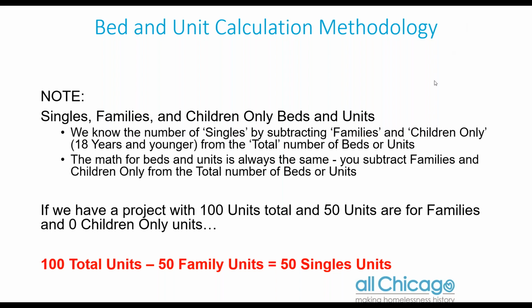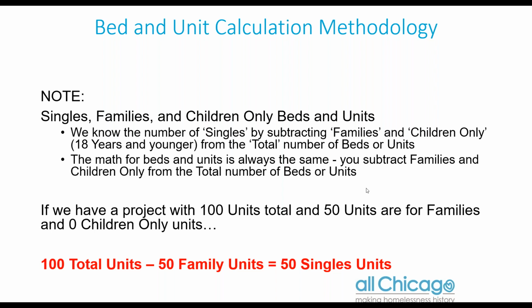I need to clarify one other thing: for the purposes of what we will be doing, the math for beds and units is always the same. You always will subtract the families and children only beds or units from the total number of beds or units in the following questions. So what do I mean by that? I mean that if I had a hypothetical project where we have 100 units and 50 of those units are for families and 0 of those units were for only children, that would mean that I had 100 total units minus 50 family units, which would equal 50 single units.